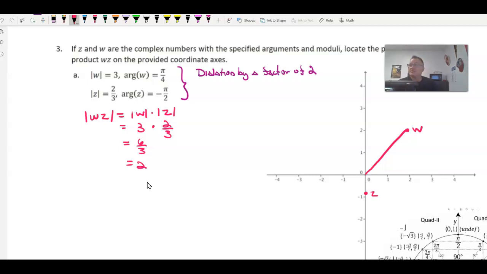Now we need to know what's the argument for WZ. Well, we know that what we just proved was the argument of WZ is equal to the individual arguments added up. The argument of W plus the argument of Z.